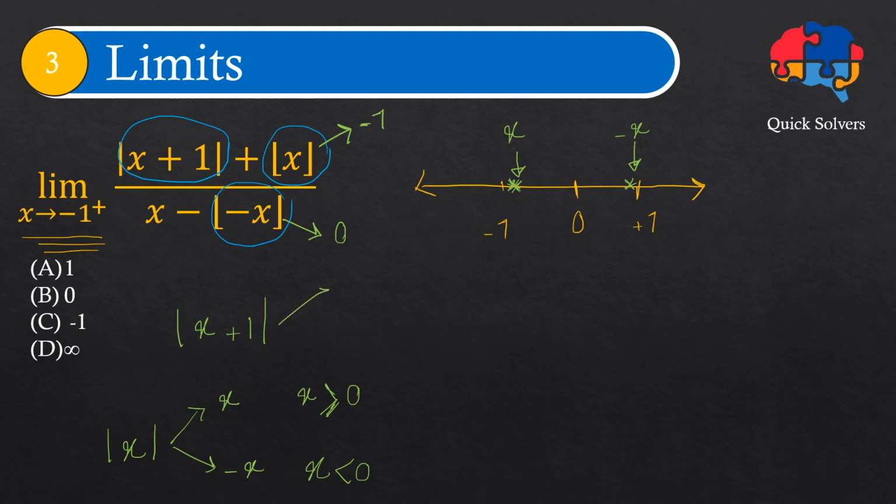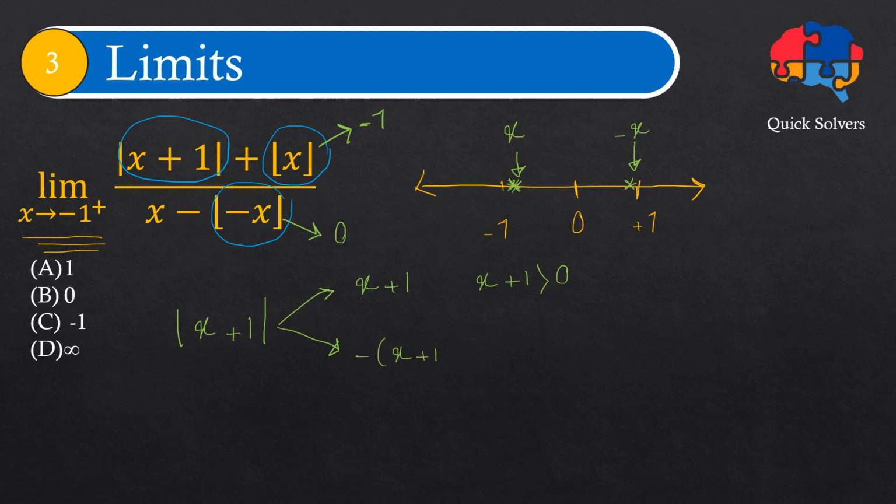So let me write it like this. This can be either of these two values, okay? It can be x plus 1 if x plus 1 is positive, and it can be minus x plus 1 if x plus 1 is negative. So we should determine whether x plus 1 is negative or not.